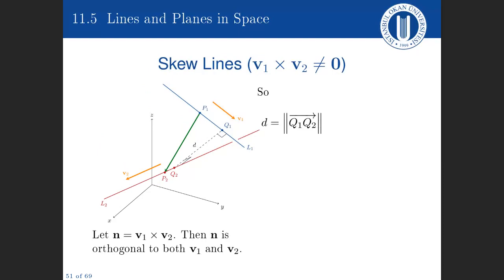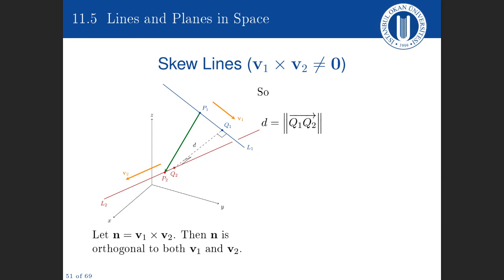What about skew lines? That's lines which do not intersect and they're not parallel. So they do not intersect and V1 cross V2 is not the 0 vector.